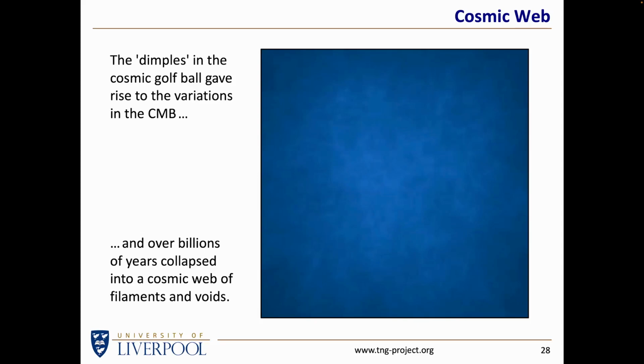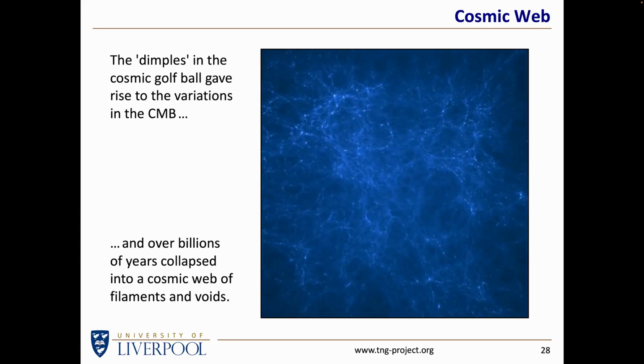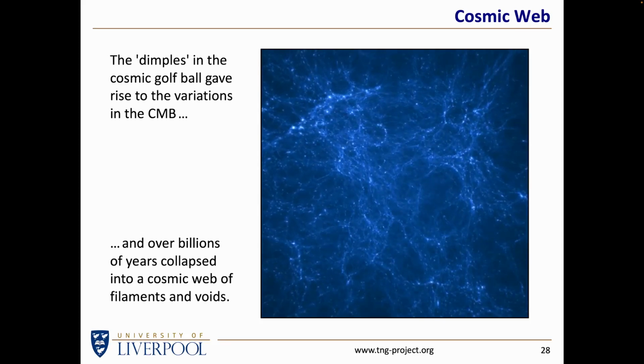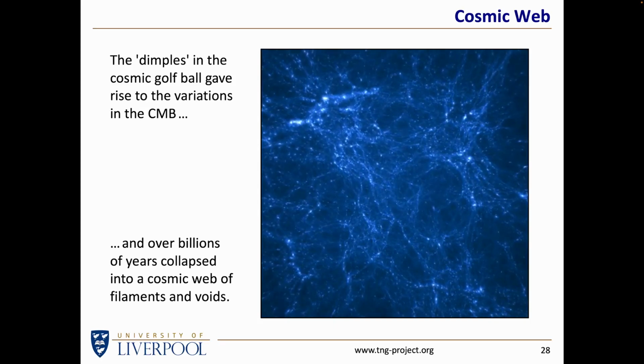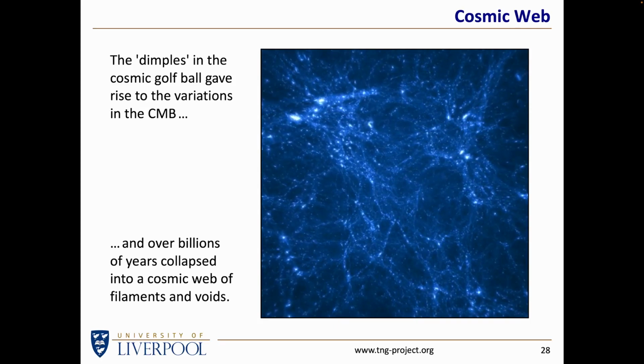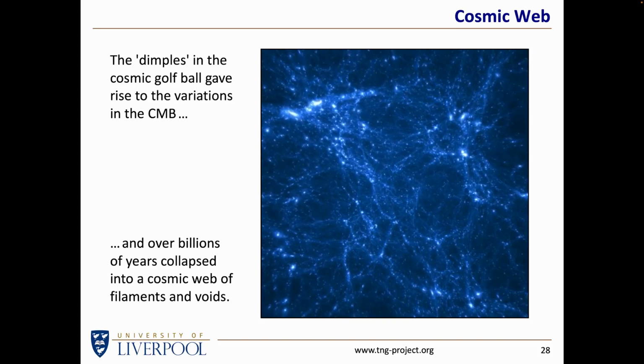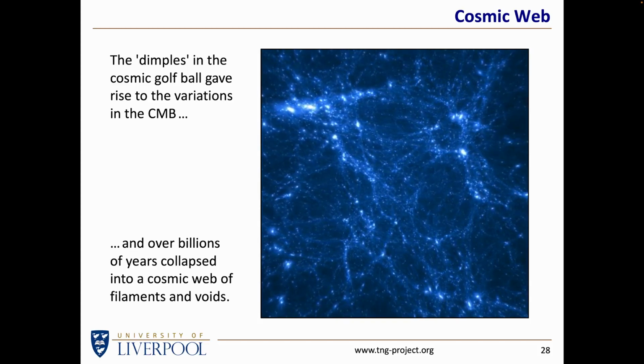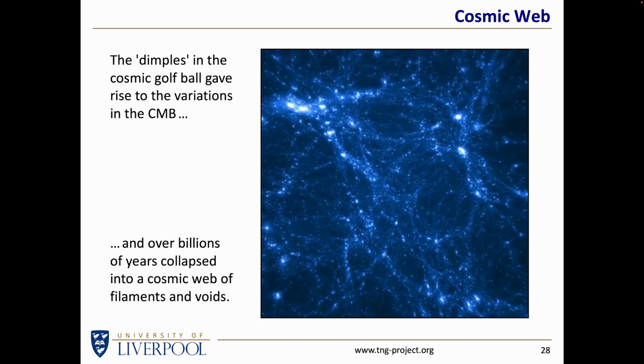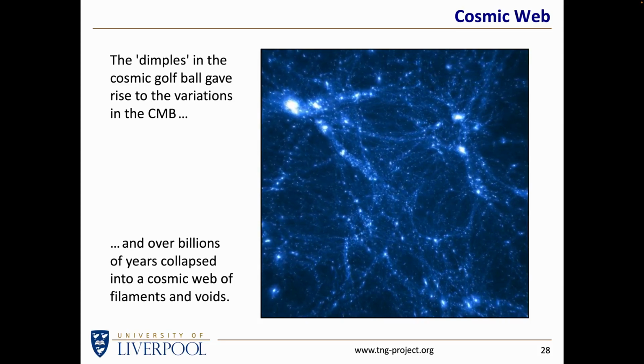We find that gravity exaggerates the small variations in density, and we find matter starts to clump together. And here the brighter regions that we're looking at, seen over billions of years, correspond to increases in density that will ultimately give rise to galaxies and clusters of galaxies.